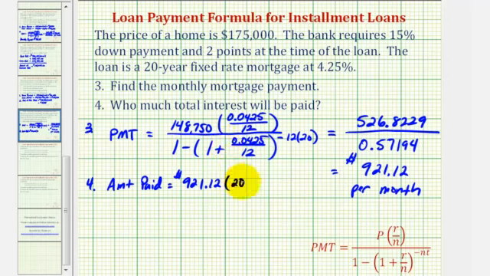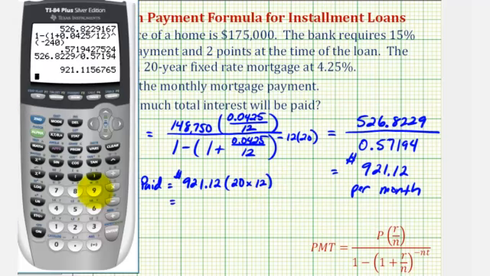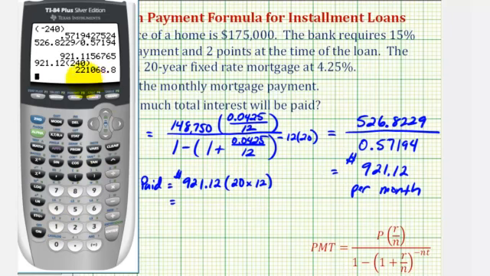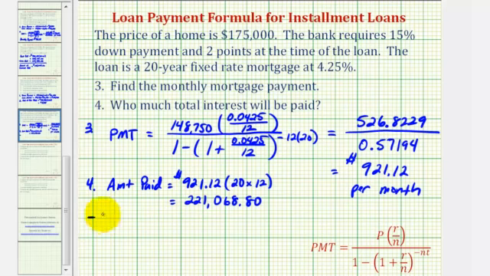That would be 20 times 12, or 240, or $921.12 times 240, so $221,068.80.